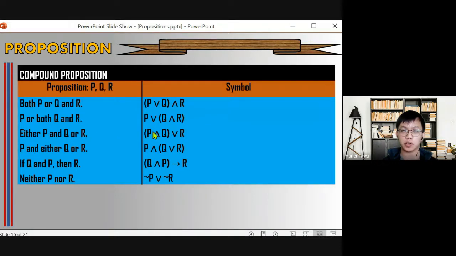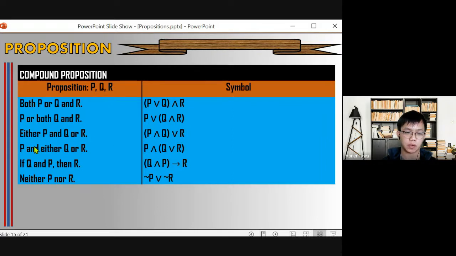We're going to have here, open and close parenthesis, P and Q. That is our either part of the proposition, and then the or part is we have here, or R. So again, therefore, we're going to call this as a disjunction. Kasi yun yung pinaka-main connective na ginamit. So either or, that is for disjunction.